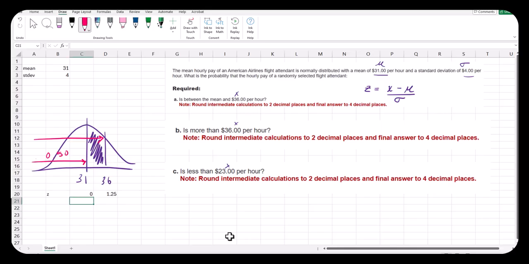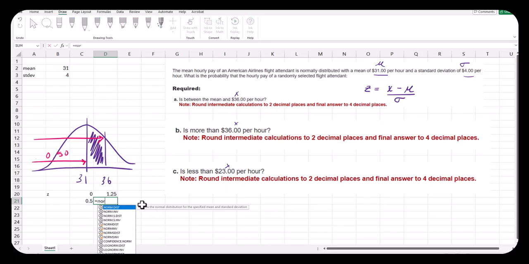We know it's supposed to be 0.5, equals norm.s.dist. Notice it says, what is the z? I can either type it, or I'm going to just click on it because I might reuse this. And then comma and true, because I want it to add the probabilities from the bottom up to that value. I click enter, and yep, like I said, that should be 0.5.